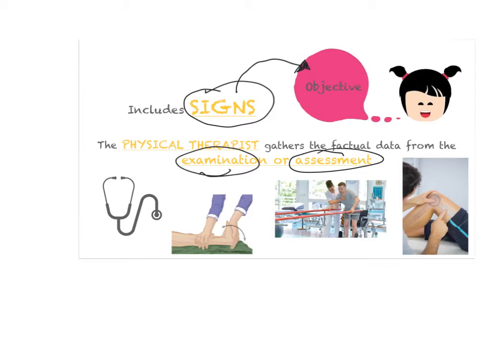So a few examples will be, of course, vital signs. Okay, this one is palpation. So the PT is checking here if there is tightness of the gastrocnemius. Could also be that the PT is checking for the end feel for ROM. Okay, this one is functional analysis. So the PT is examining the patient's level of independence or dependence when doing sit to stand.